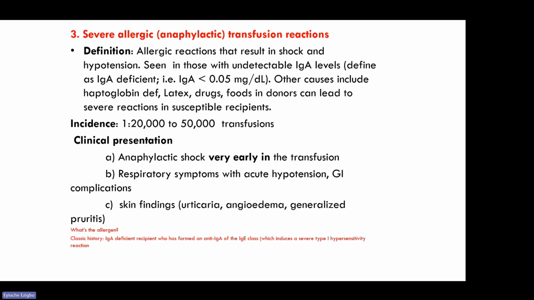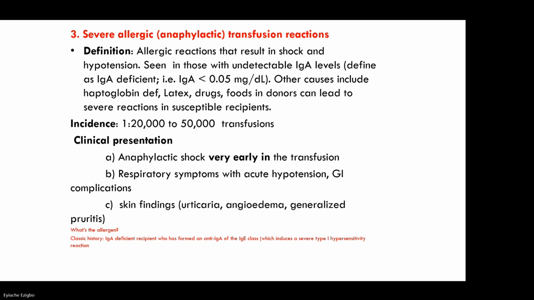Then the severe allergic transfusion reaction. Definition: an allergic reaction that results in shock and hypotension. They don't present with fever, and it is seen in those with undetectable IgA levels.